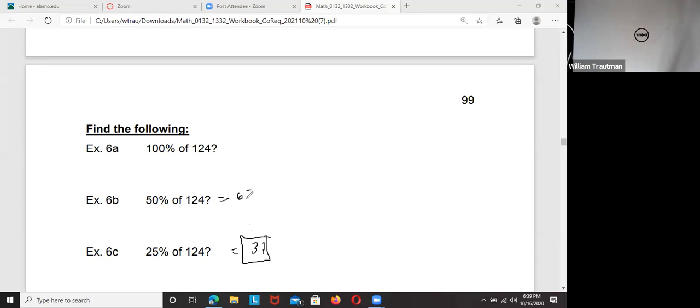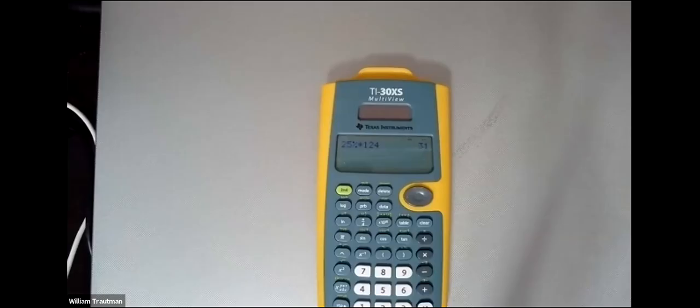We said this was 62, and we said this was 124. So try these on your calculator to make sure you're seeing that correctly. By the way, this next test 3 that's coming, there's a lot of calculator use in it.